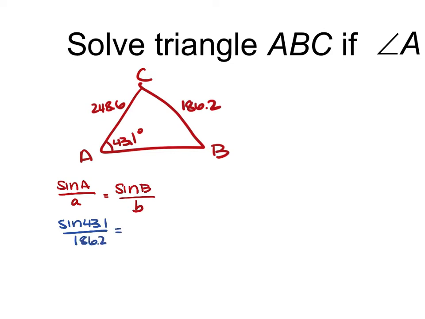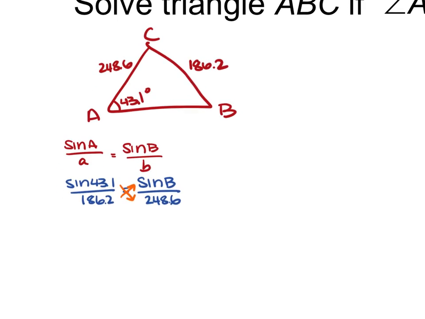Sine B, we're finding for angle B, so it's just going to be over side length B, which is 248.6. We're going to cross multiply like we usually do, and we're going to have 186.2 sine B is equal to 248.6 sine 43.1.